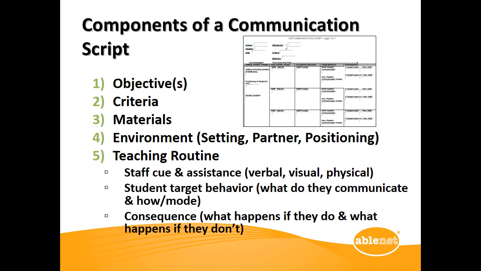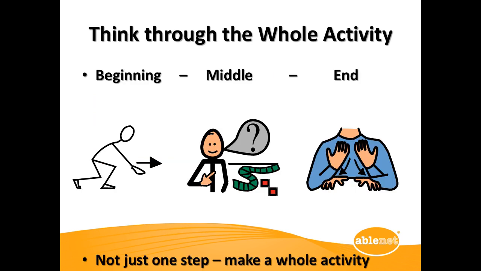Or you've moved a student through to a multiple step routine. So we're always trying to think about the whole activity. What's the beginning of the routine? What's the middle? What's the ending? And so then we just have multiple steps of the script, and we try to think through the whole thing.